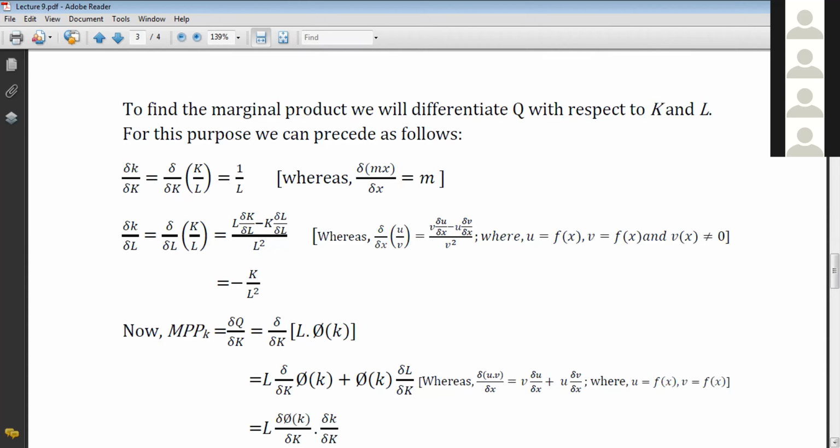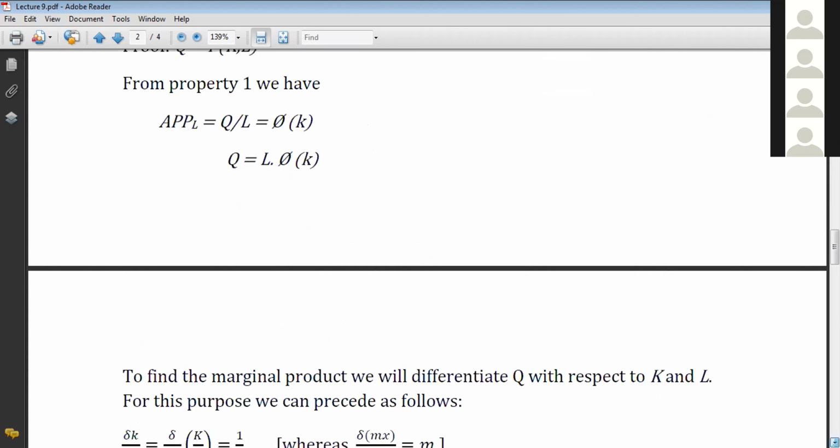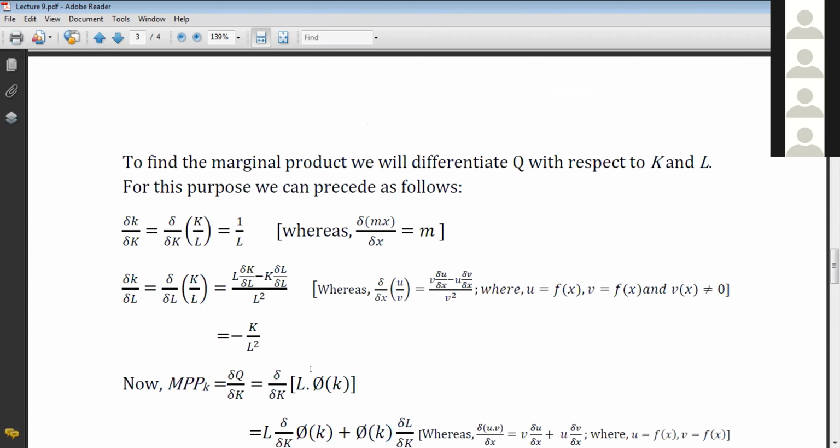So we just put the value of Q here, L into a function of small k.